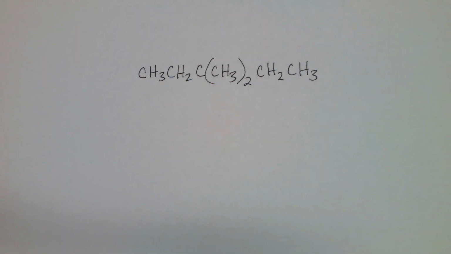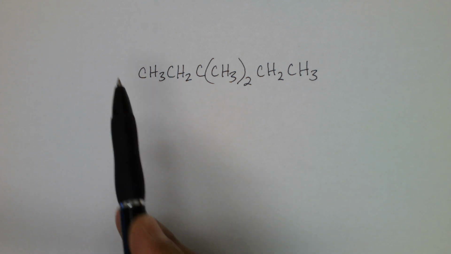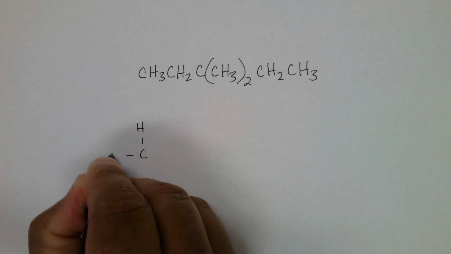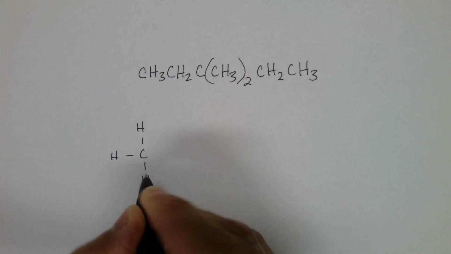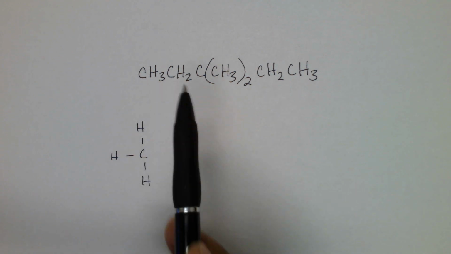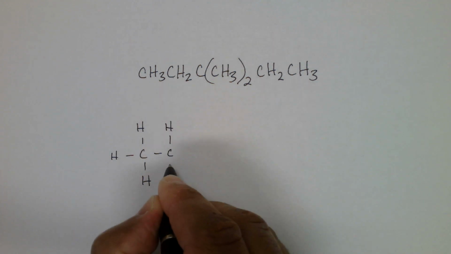Let's convert this condensed formula into the Lewis structure. So here are the groups. We'll start with the CH3. And after the CH3, this carbon is now bonded to this next carbon, this next methylene group.